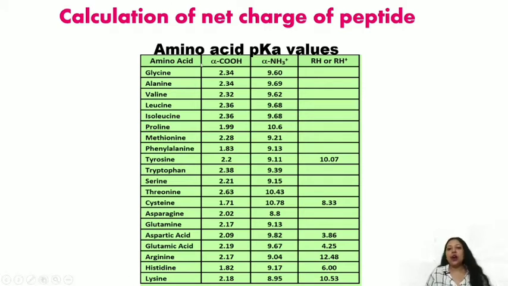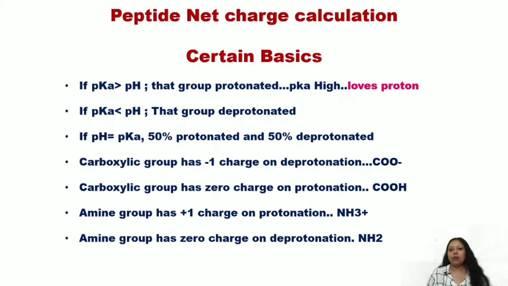Okay, so you are very much familiar with the pK values of amino acids, which are written on this slide, and I hope that now you are all very much aware of the single letter code of amino acids. Both of these will play a crucial role in calculating the net charge of a peptide.